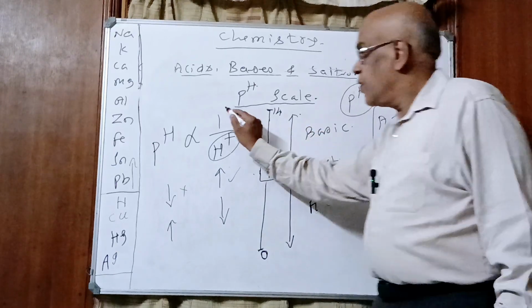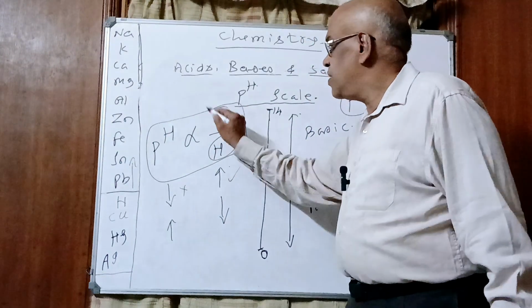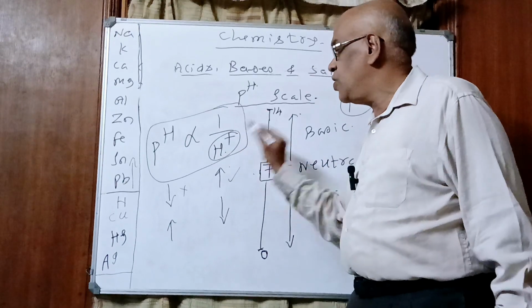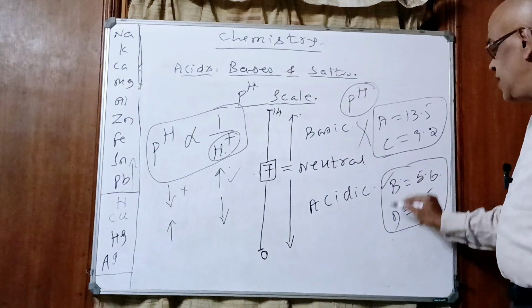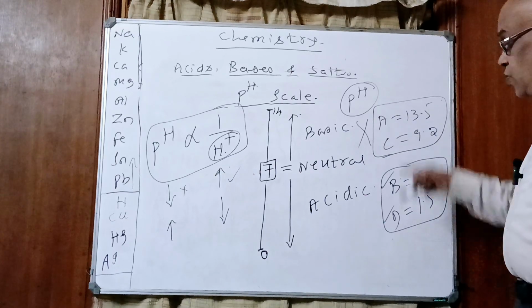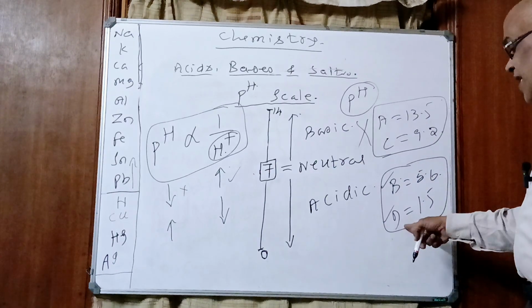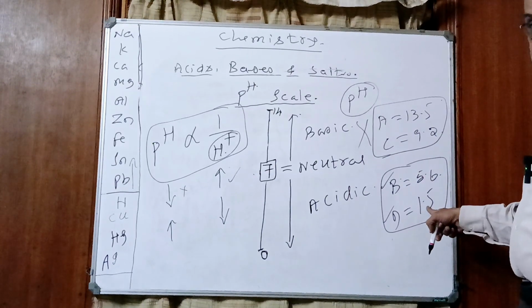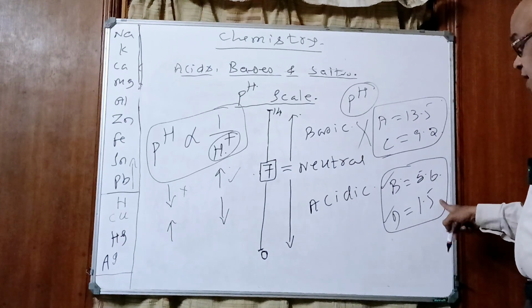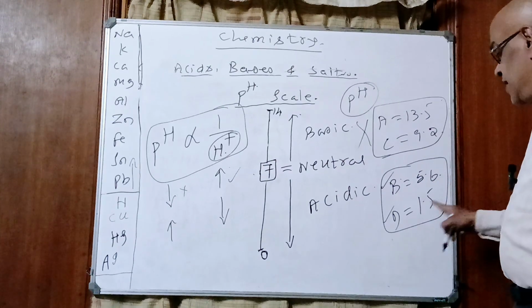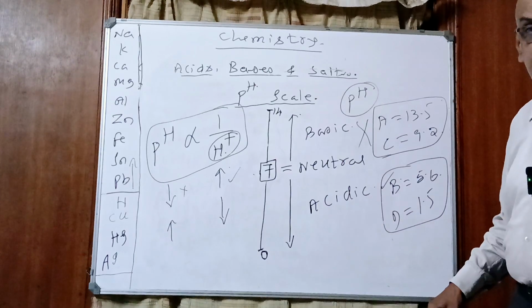This definition, please remember. pH is inversely proportional to hydrogen ion. These are not acids, they are bases. This is acid, this is base. What's my question? Which is a strong acid, children? D, whose pH value is least. Of all 4, D has the least pH. It is a strong acid.